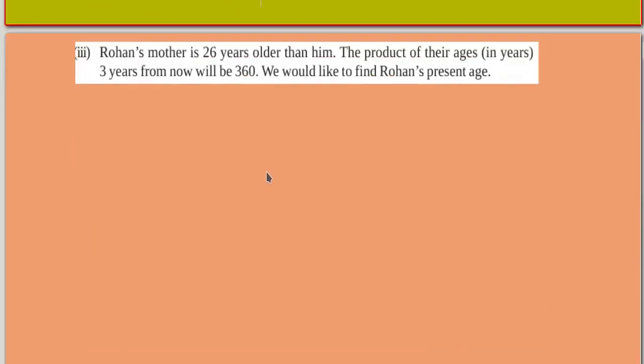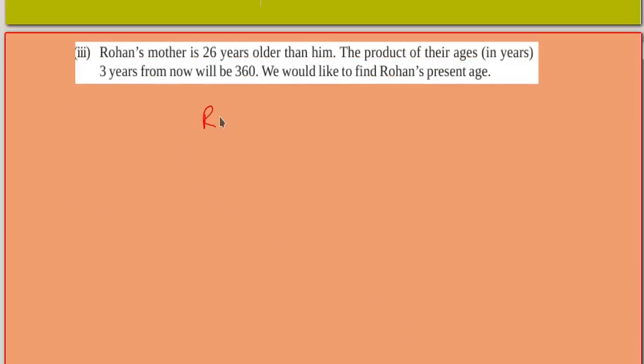Next question. Rohan's mother is 26 years older than him. That is Rohan. So Rohan's mother is, we have to put equal to 26 years older than. Older than means we have to add.